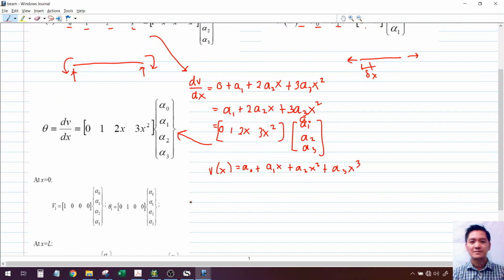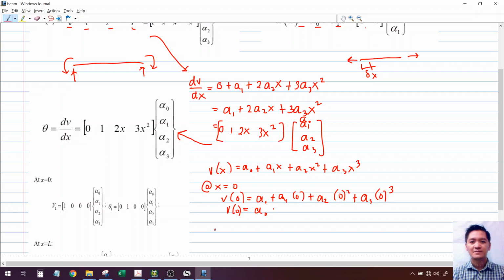So at x equals 0, v at 0 is equal to alpha naught plus alpha 1 times 0 plus alpha 2 0 squared plus alpha 3 0 cubed. Sagot, alpha naught, right? V at 0.